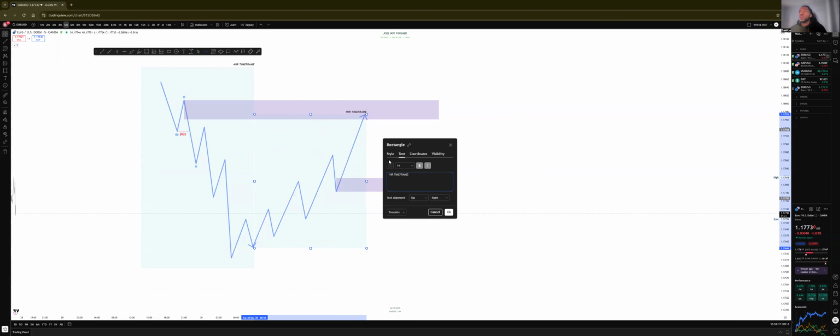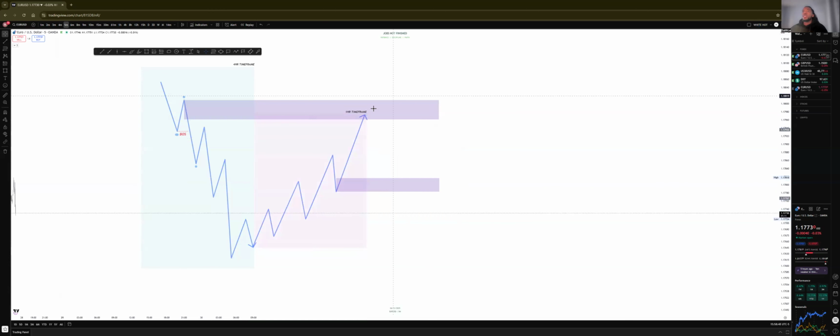We're going to give the 1 hour time frame a different color as well. Make it blue or purple. Okay, cool. So this is our 1 hour. Everything in this box is our 1 hour. From this is 4 hours.